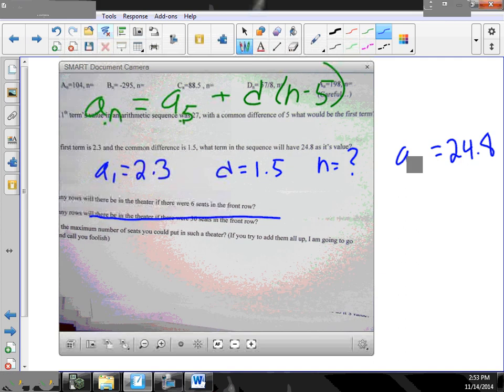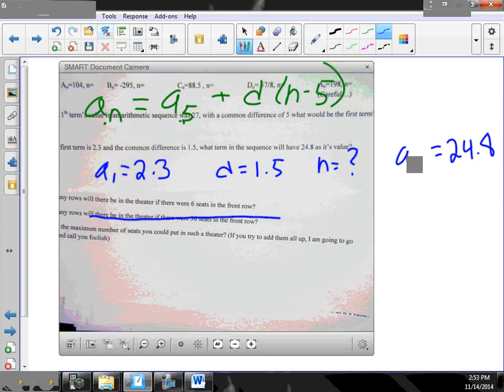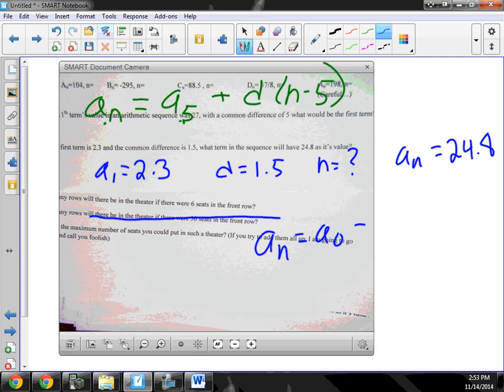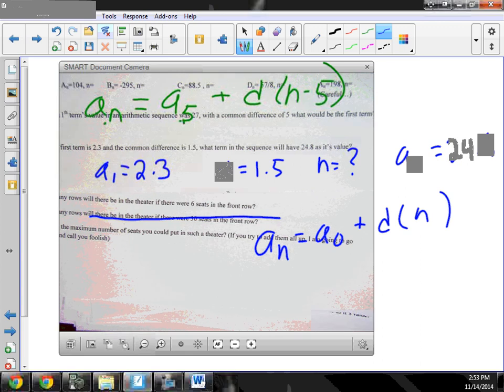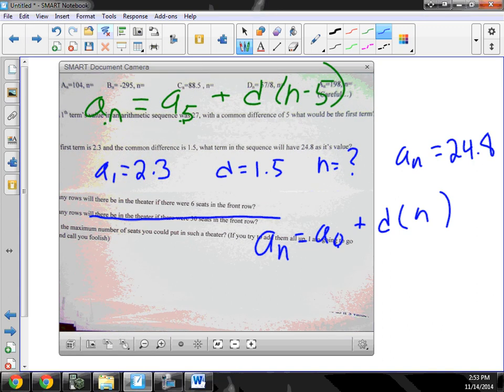How do you figure that out? We can just plug it into a sub n equals a sub 0 plus d times n, but I'm missing something. I don't have a sub 0. I have a sub 1, so either you put a sub 1 here and you subtract 1 from n, or how can I calculate a sub 0?